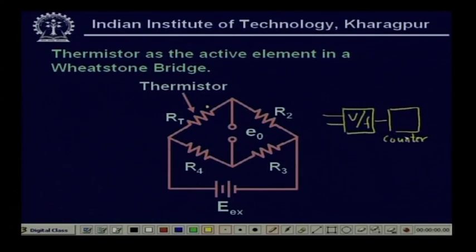It will simply measure the frequency, and the frequency will be calibrated in terms of temperature in degrees centigrade. The advantage of this is, as I told you earlier, the resolution and sensitivity can also be increased, because I have a signal conditioning circuitry where I can make all these manipulations, so that I get the frequency change more sensitive.